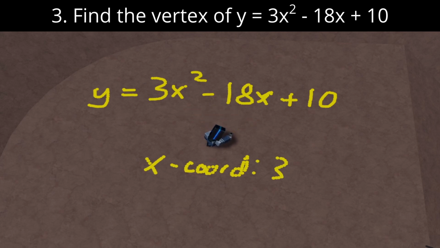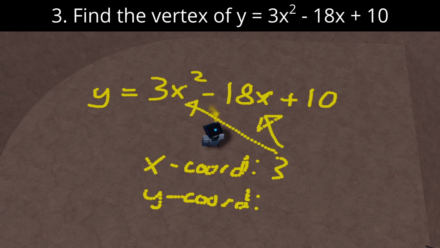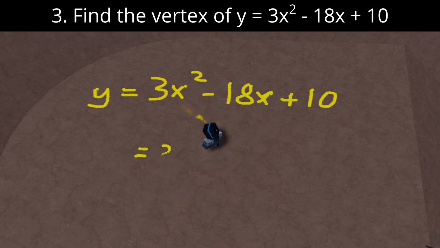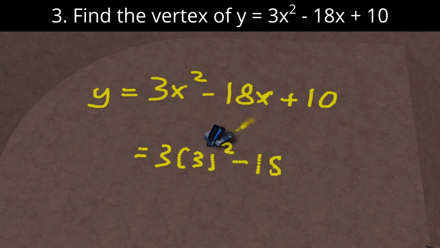And to find the y-coordinate, we just need to plug in 3 into the equation. So let's do that. We're going to have 3 times 3 squared minus 18 times 3 plus 10.